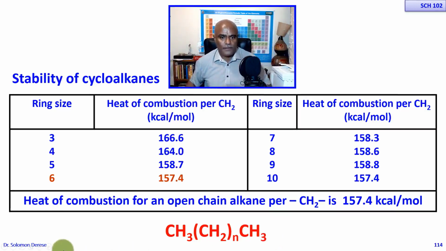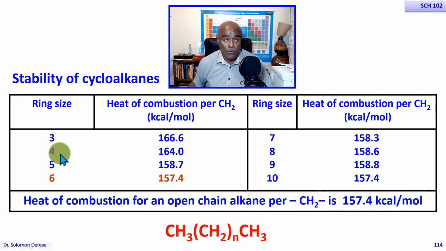Then if you calculate the energy per every CH2 of an open chain alkane, it is about 157.4 kilocalorie per mole. Heat of combustion for an open chain alkane per CH2 is 157.4 kilocalorie per mole.